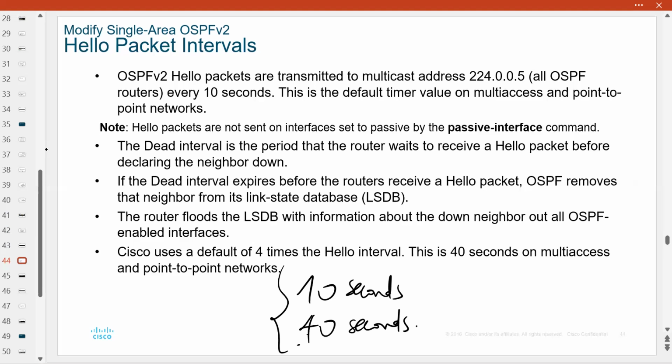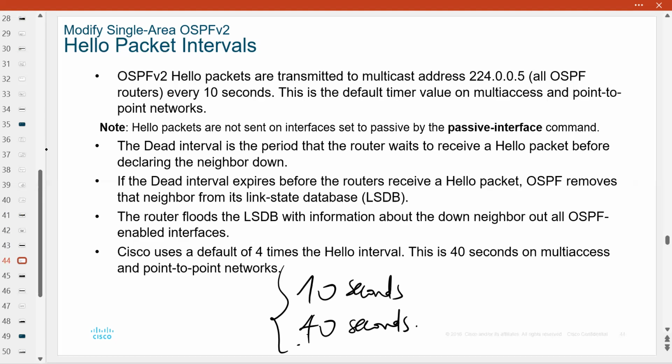Now, if a router does not receive a hello packet after 40 seconds, it automatically means my neighbor is no longer there. If I don't receive hello packets from my next door, it means my next door is no longer there. It means I will need to reconfigure my networks because my neighbor is no longer there.